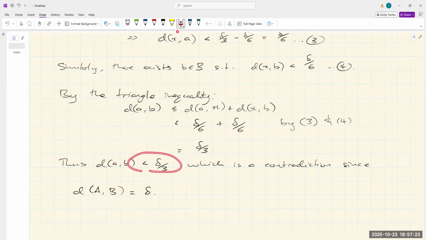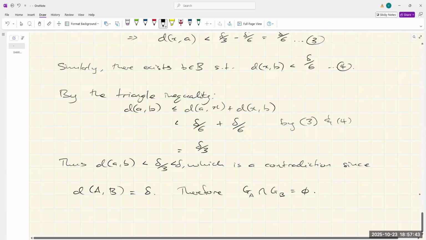But I'm getting something less than delta. Therefore, GA intersection GB is empty. Okay, and that completes the proof.